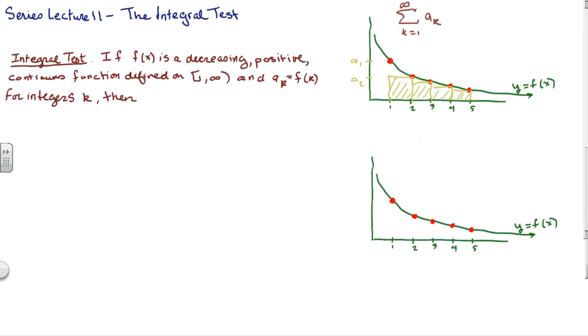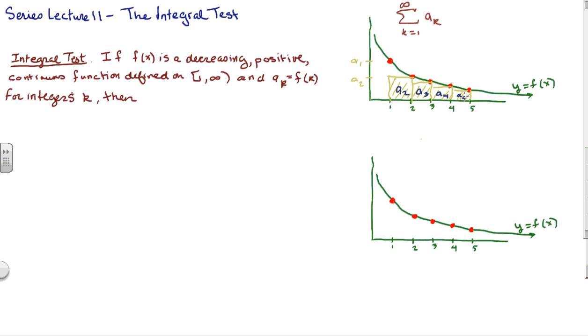Well, I can figure out the areas of those little rectangles, right? I can say the area of this first one, well, the width is 1, and the height is what? It's A2, right? So the area of that first rectangle is A2. The area of the second rectangle, the width is 1, the height is A3. The area of the third rectangle, again, 1 times A4, and so on down the road.